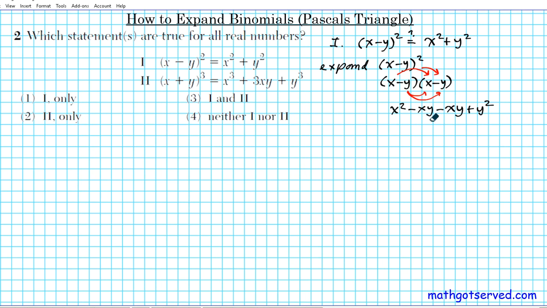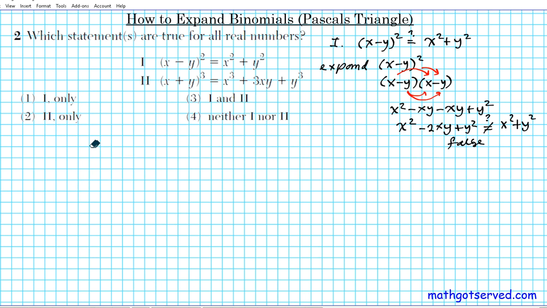If you combine the middle terms, you're going to have x squared minus 2xy plus y squared. Ladies and gentlemen, is this equal to x squared plus y squared? The answer is no. This is false. Alrighty, so it cannot be option 1.